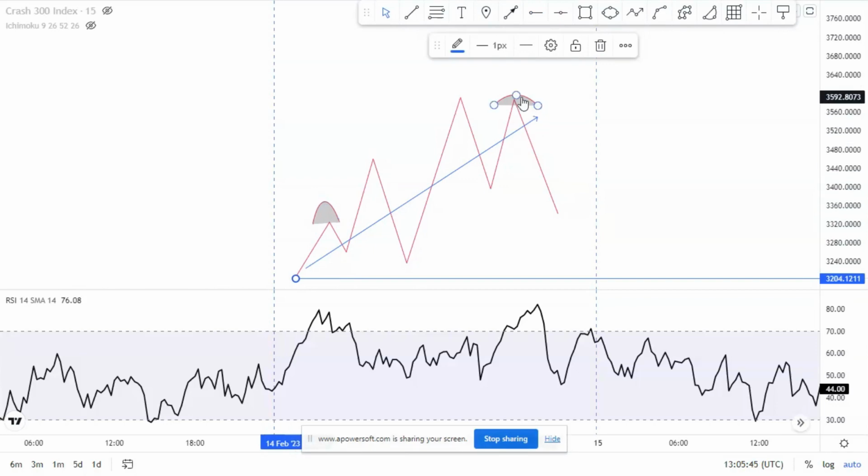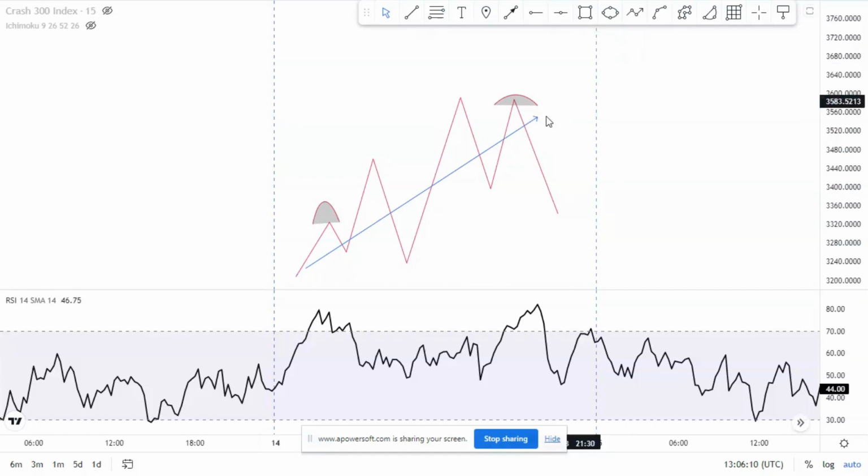When I get hidden divergence and get in, I target at least the move that caused the impulse that created this high. So I believe you guys are clicking that. That's what we call hidden divergence, and we shall be seeing that more when we are using the RSI.